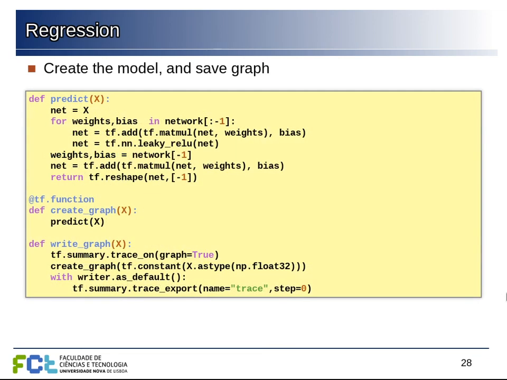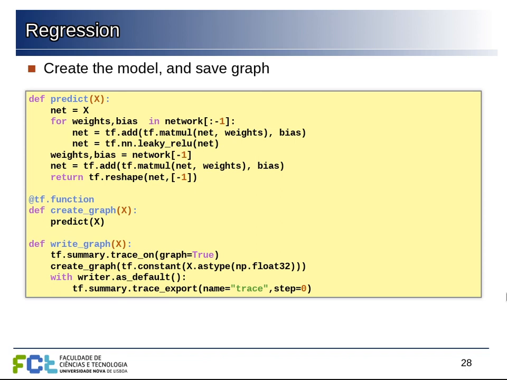So now prediction is simply starting with the data, the features. We are doing the matrix multiplication with the weights, adding the bias, and then adding an activation function. So in this case, for all layers except the last one, we add a leaky ReLU with the default parameters.